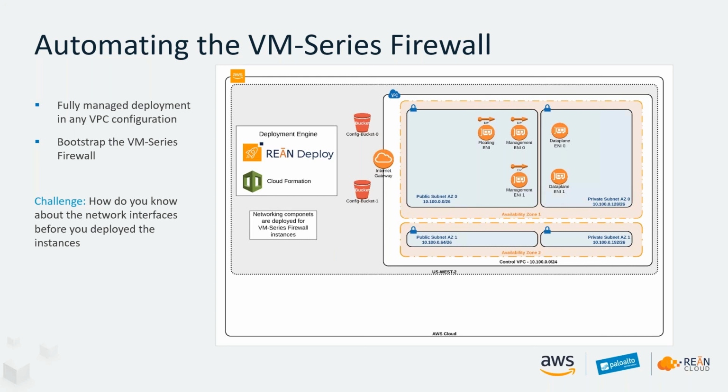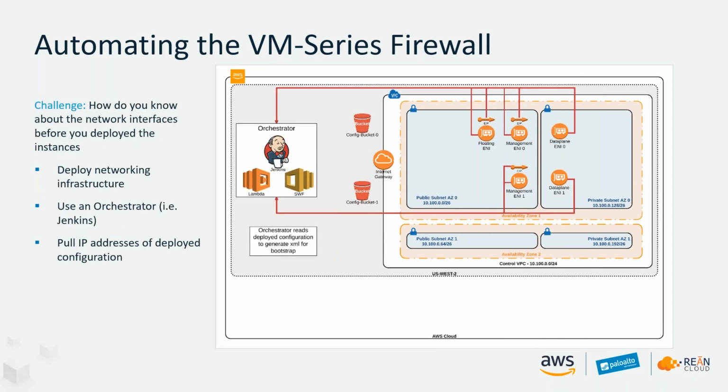And so we came up with a solution that allowed us to deploy those individual components that required the IP addresses, and then leverage an orchestrator. In our case we chose Jenkins, but alternatively we could have used Lambda, or a simple workflow potentially. In this case we went with Jenkins, and we leveraged Jenkins to go out and pull those IP addresses from the network configuration for what was deployed.